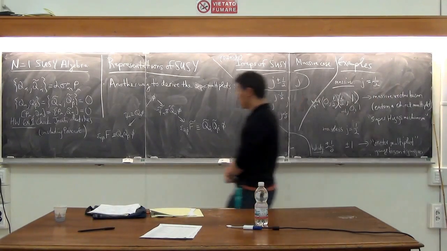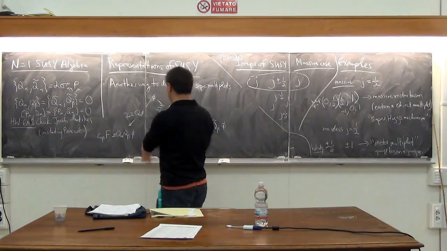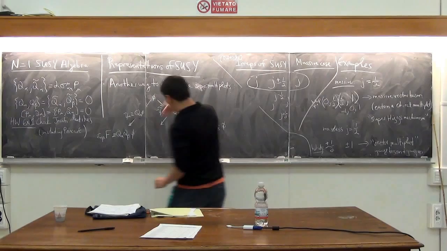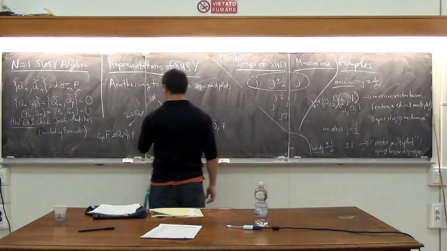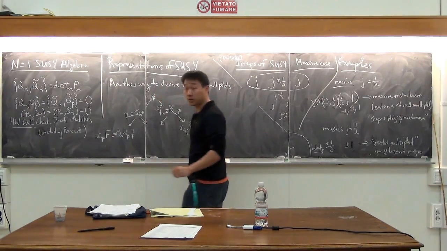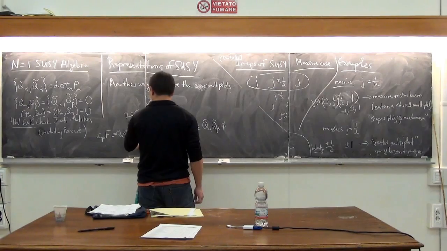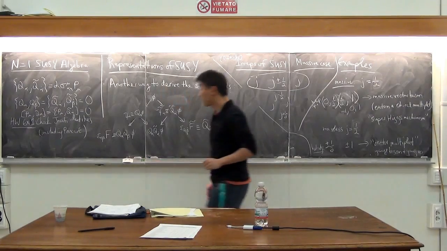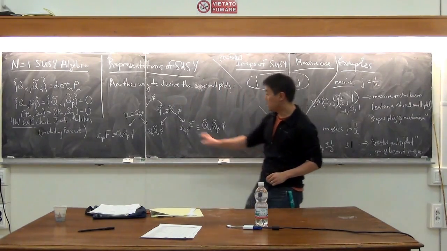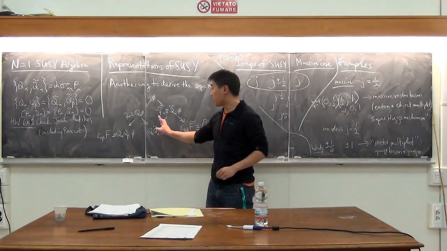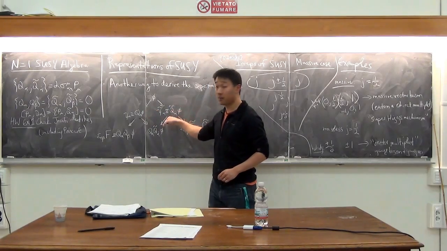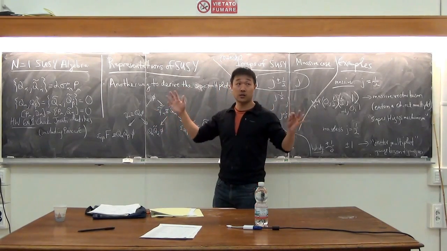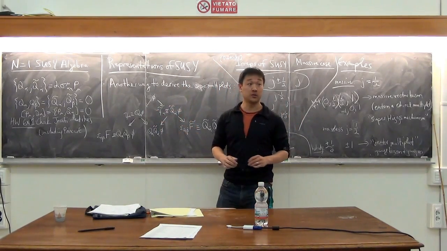I'll spare you the details. If I act in this direction with the Q, or in this direction with the Q tilde, then I get something with these indices. And I claim it doesn't matter in which direction I come, provided I drop total derivatives.